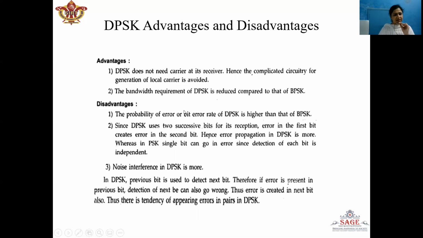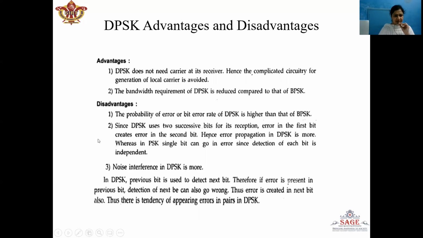The second advantage is that the bandwidth requirement of DPSK is reduced as compared to that of BPSK. In DPSK, we always consider the bits in pairs. Since data is transmitted as a combination of two bits, the bandwidth is reduced.